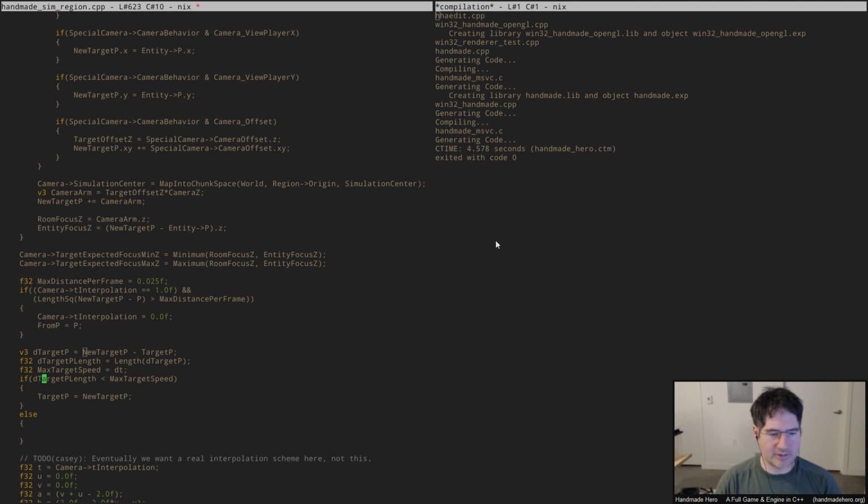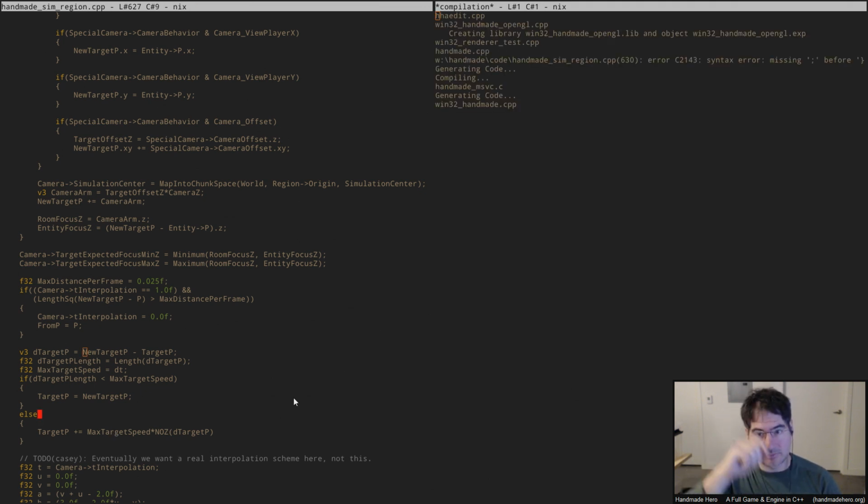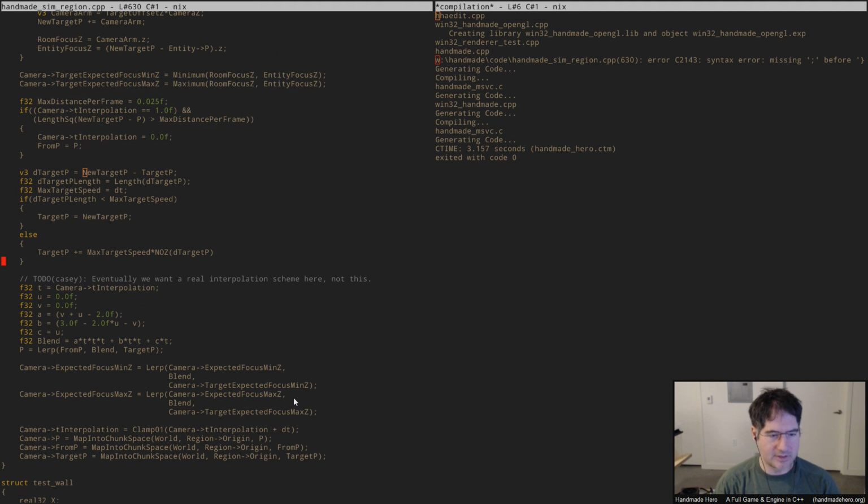So in the case where I can move it however much I can move it or less, we just set it directly. Otherwise, I take the d target p times the max target speed, and I add that. Right? So I'm just moving the target slowly, kind of.